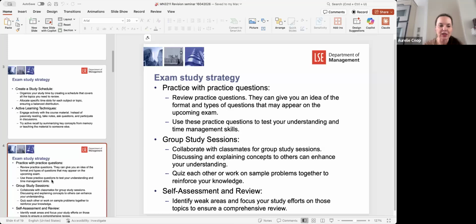You can also use them to test your time management skills. For example, when you confirm the time you get at the exam, you can think about, okay, if I have 3 questions, 4 hours, that gives me more or less that many minutes per question, give or take.